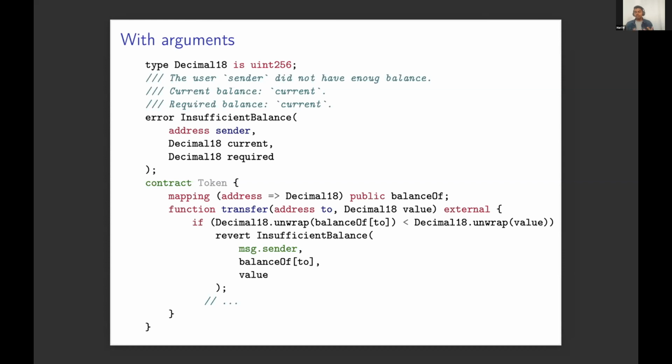So here you have a revert with the address of the user, the current balance, and how much is required for the transaction to succeed. It looks very similar to how you emit an event. So this is a much cheaper and much more idiomatic approach to having a much more structured error than using strings.